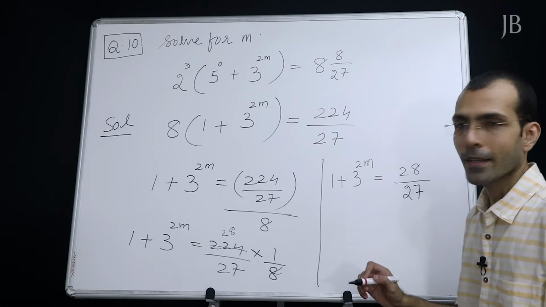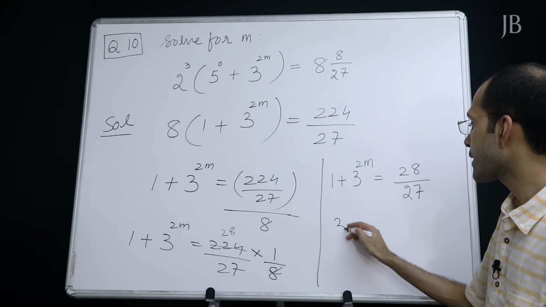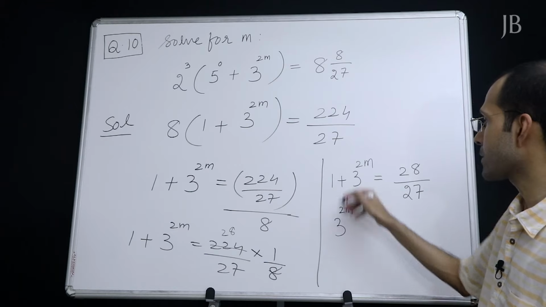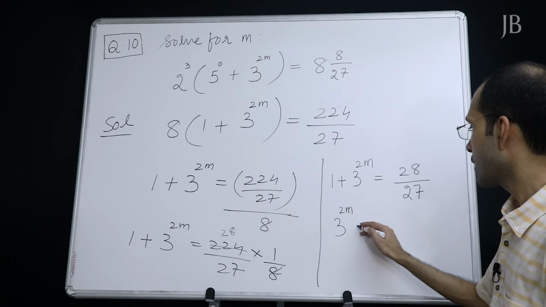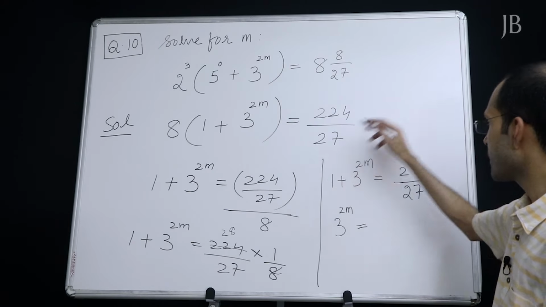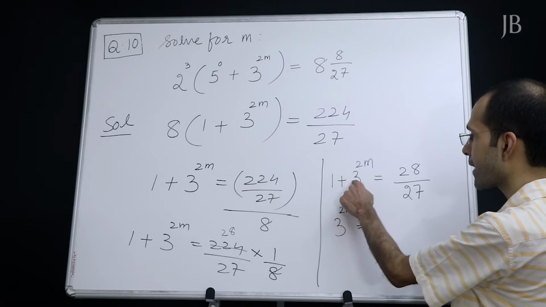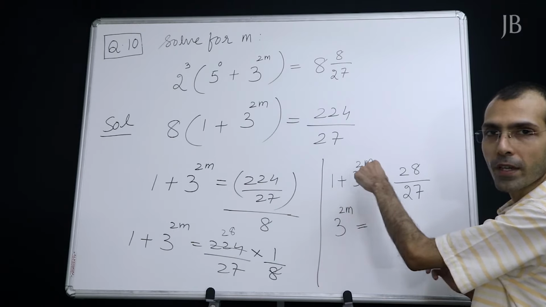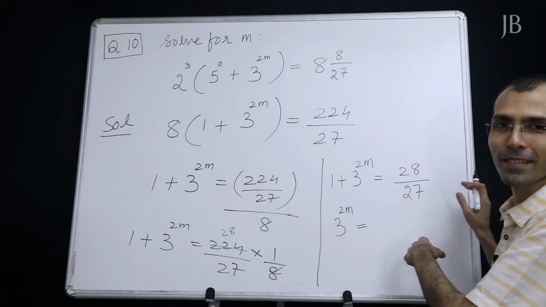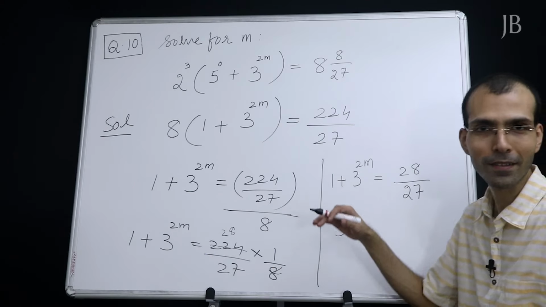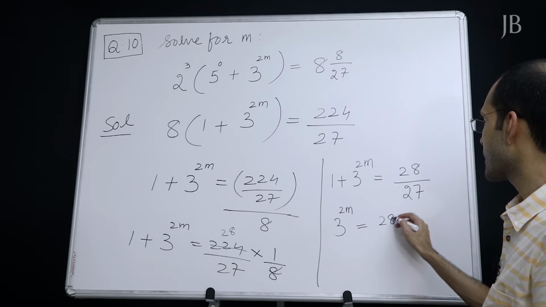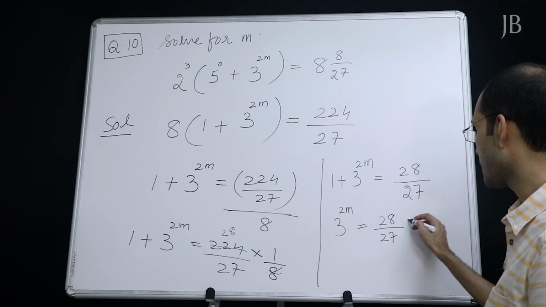Now try to isolate this 3 raised to 2m. That is positive only. Good. So no problem. And this 1 we will take on this side. If this was negative, 1 minus 3 raised to 2m, then this term we would have taken on that side to make it positive, and this would have come here. So this is 28 upon 27 minus 1.